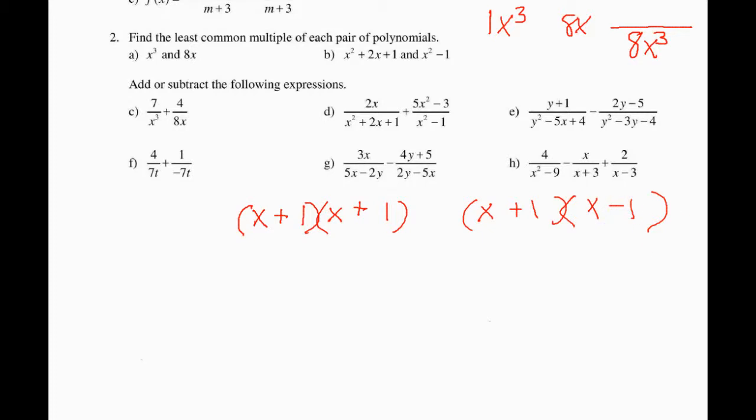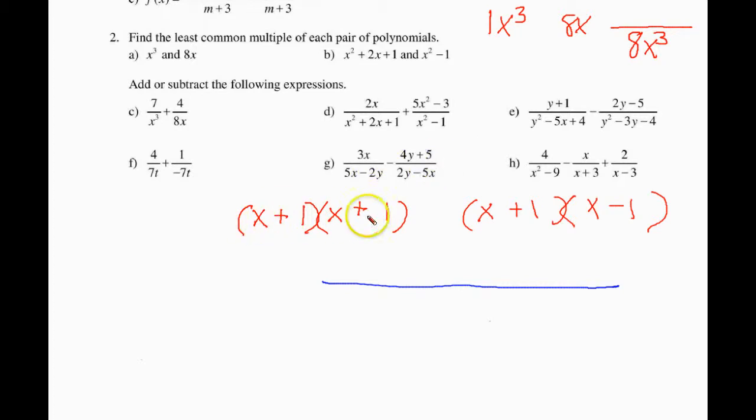Now, when we go to pick the common denominator or common multiple of these, the rule is, what's the greatest number of times that the x plus 1 factor is used in any one factorization?